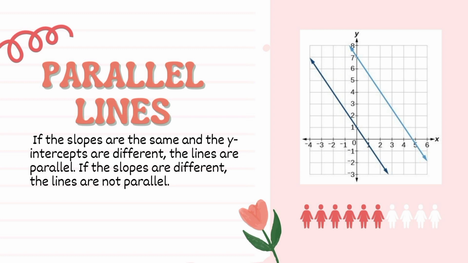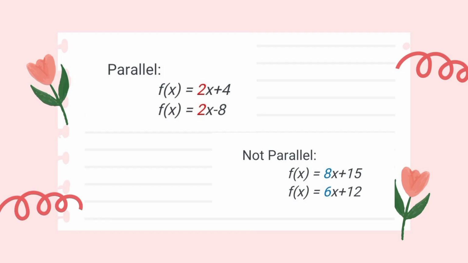We can also determine if two lines are parallel to each other if the slopes are the same and the y-intercepts are different. If the slopes are different, then the lines are not parallel. Now here are some examples of parallel equations. f of x is equal to 2x plus 4 is parallel to the line f of x is equal to 2x minus 8.